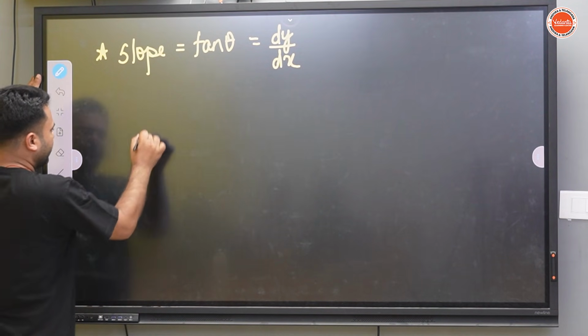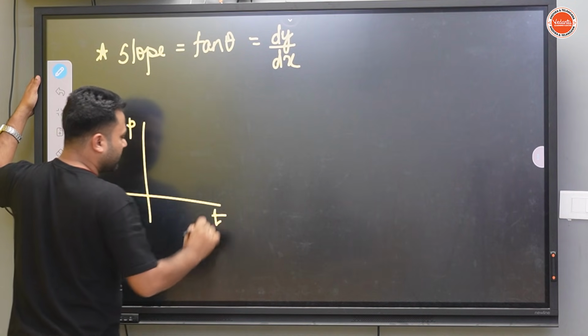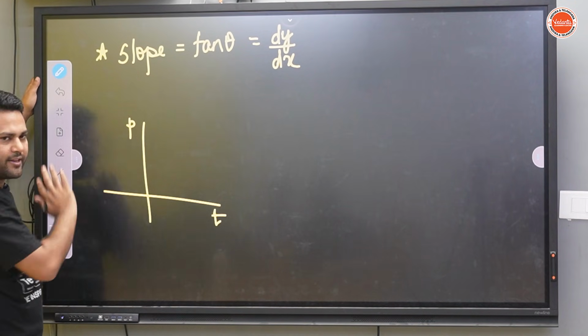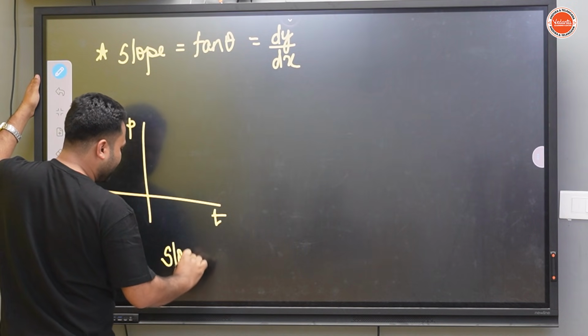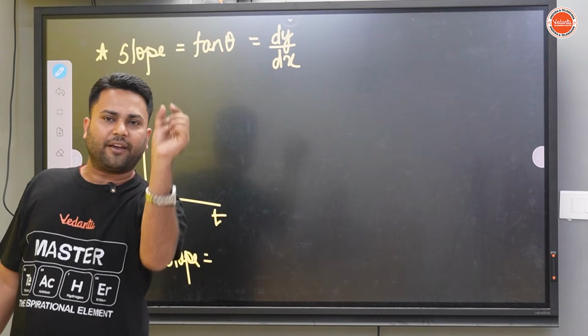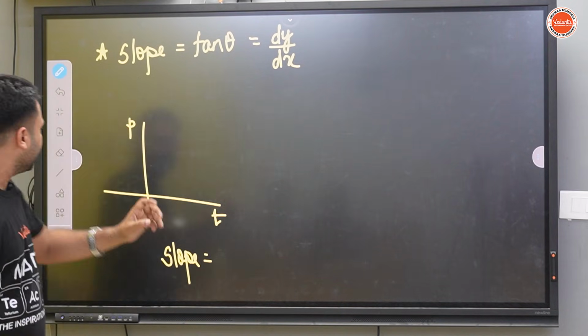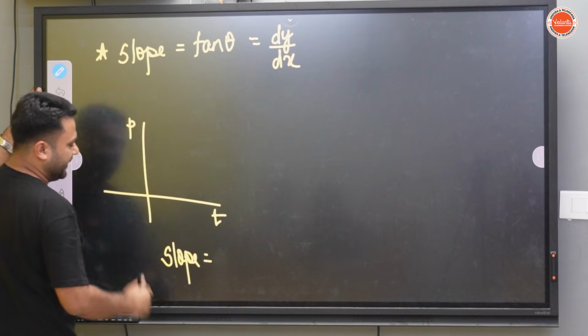Acha, if we have a P versus T graph, suppose some graph is there, I am not drawing, and now if I ask what is the slope, so the general formula is dy by dx if the graph is y versus x axis, but here the graph is P versus T, so here slope will be dP by dt.